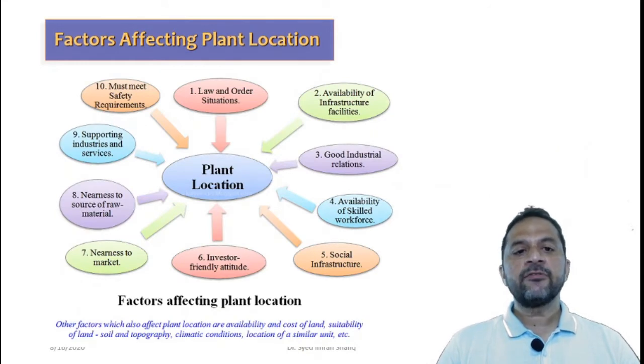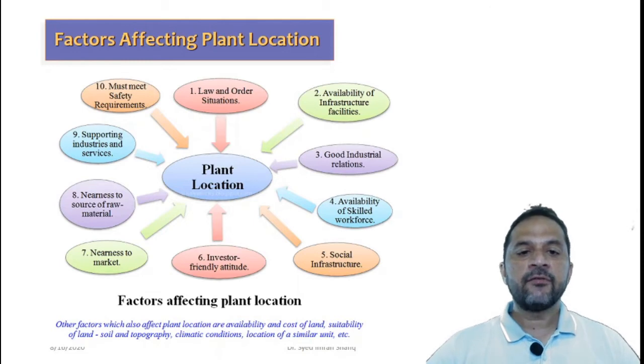So there are various factors affecting plant location. As we have discussed, the first one is the law and order situation. How is the law and order situation in that region? Nobody will like to set up an industry where there is constant conflict. Everyone wants their industry to be set up in a region which is peaceful.